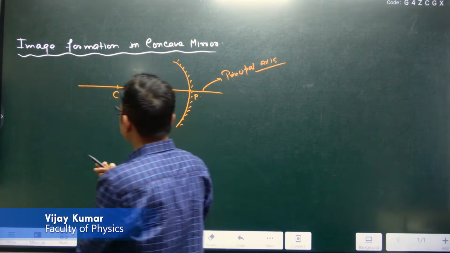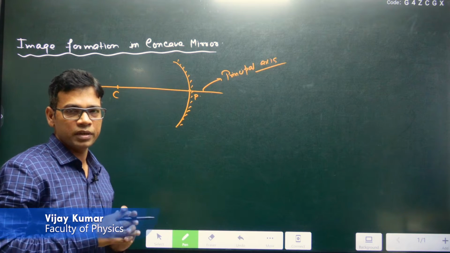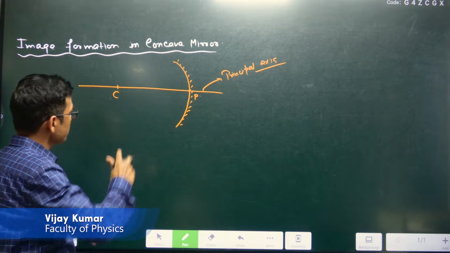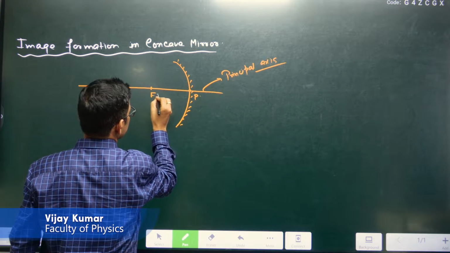So in this case we will discuss the image formation in the case of the concave mirror. So this is your focus of the concave mirror.